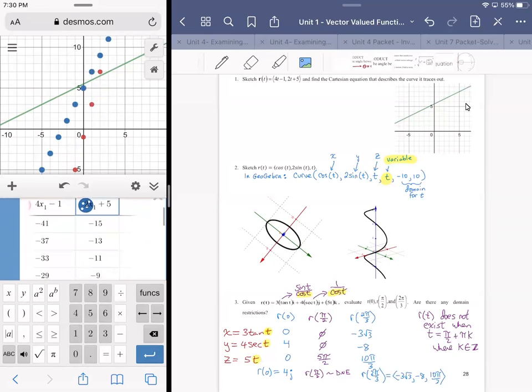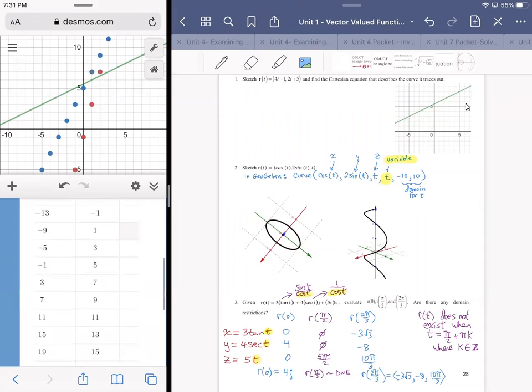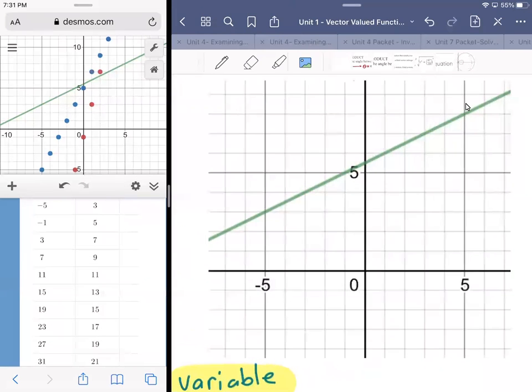All right. So everything in these 2 columns will constitute ordered pairs, and you see some of these values are pretty insane. But if you get a couple of reasonable ones in the heart of the table here, let's say negative 5, 3, I can plot that. So the difference between plotting a vector valued function and plotting points in an ordinary Cartesian plane with ordered pairs is that I'm not just plotting a point and connecting the dots.